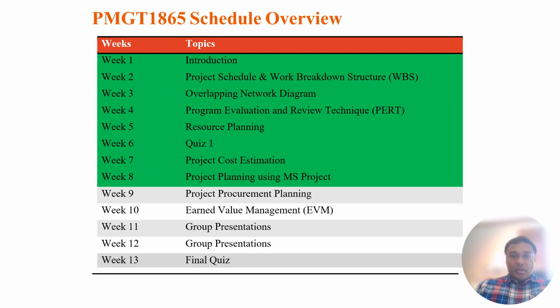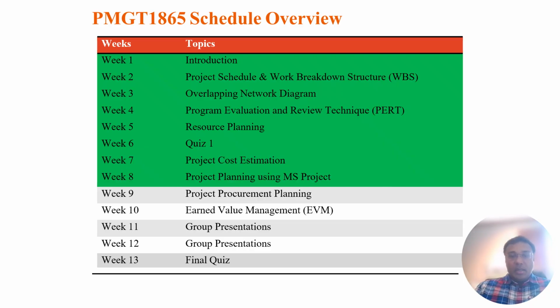Now you're looking at the course schedule overview of PMGT1865. In week 1, we did the introduction. Week 2, we followed up with WBS and project schedule. Week 3, we talked about the overlapping network, with finish-to-finish, start-to-start, start-to-finish, and finish-to-start relationships.